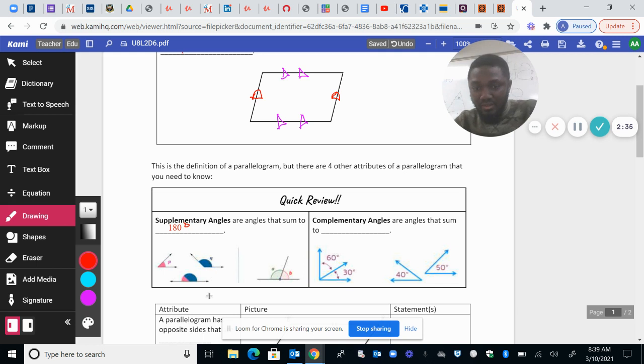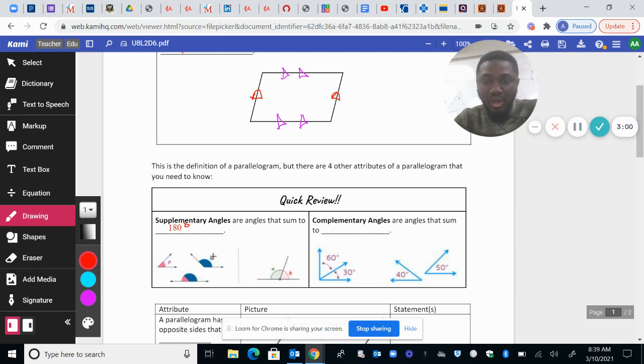As you can see here, angle Q and angle P. So when you add them, you should have your 180 degrees. So you see Q here, down here. Once you move, the same Q is here, and the P is also here, the pink one. So when you add the pink and the blue, they form a straight line.